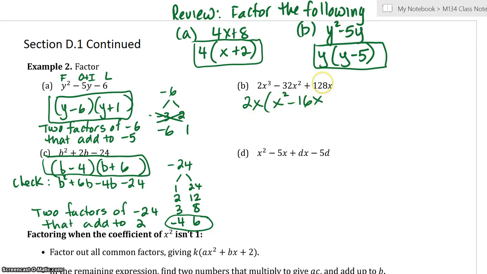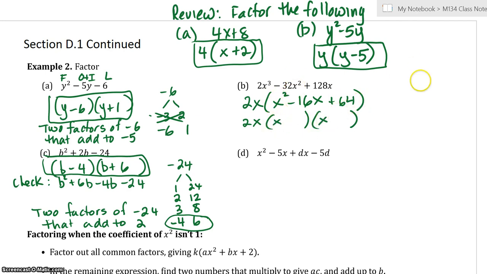And then 2 goes into 128, 64 times? Interesting. So then I'm going to keep that 2x there, and I'm going to work on this because I see it's a trinomial. It's 3 terms, and it's a squared. So I'm going to realize that the first is an x and an x.